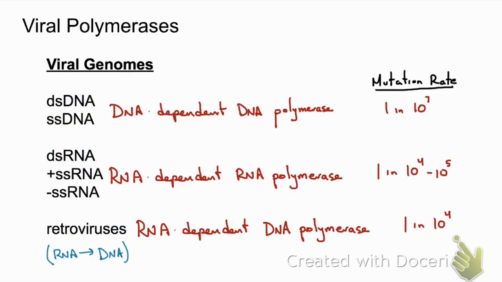The rate of mutation that we find here has really big implications for biology, but also for medicine. First, what this tells us, since mutations are one of the driving factors of evolution, is that RNA viruses typically evolve at a quicker rate than do DNA viruses.